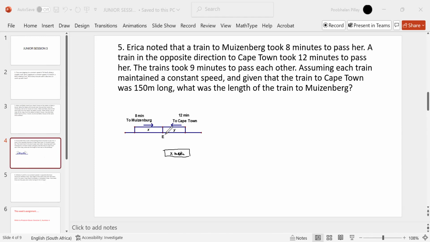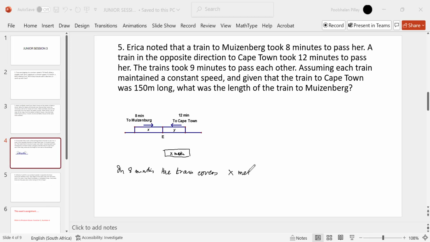So the speed of the train: in 8 minutes the train covers X meters.